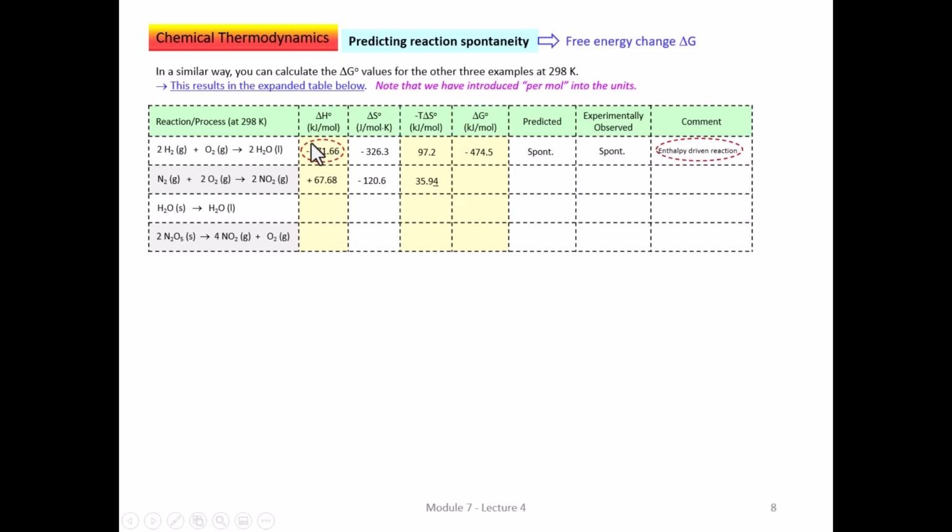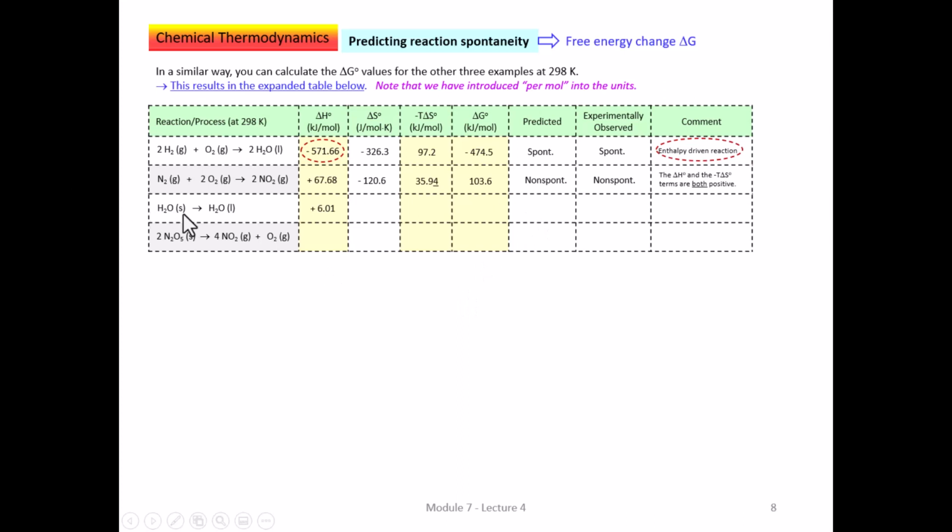So when we add these two together, the deltaH and the minus T deltaS term, since these are both positive, you get a positive deltaG. We predict this to not be spontaneous, and it is not spontaneous. Both the deltaH term and the minus T deltaS term are positive, so of course deltaG will come out to be positive.